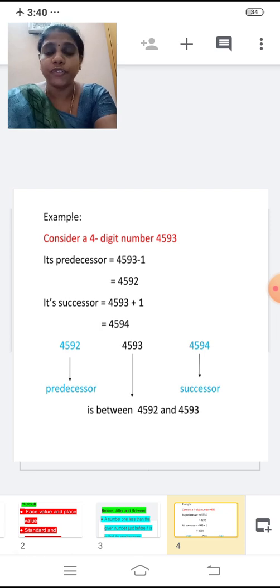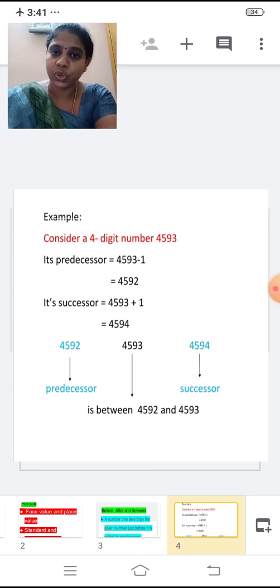So we are taking a 4-digit number: 4593. Now we are going to find the predecessor of the number. What do you mean by predecessor? Subtracting 1 from the given number, right? One less than the given number. So I'm going to subtract 1 from 4593.